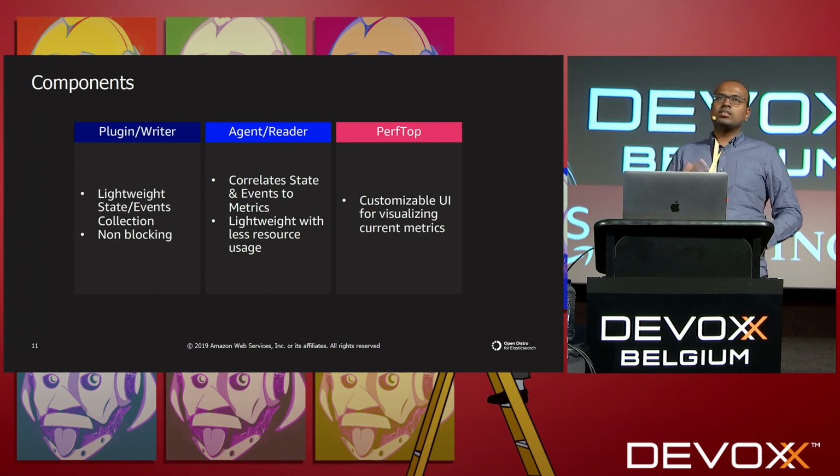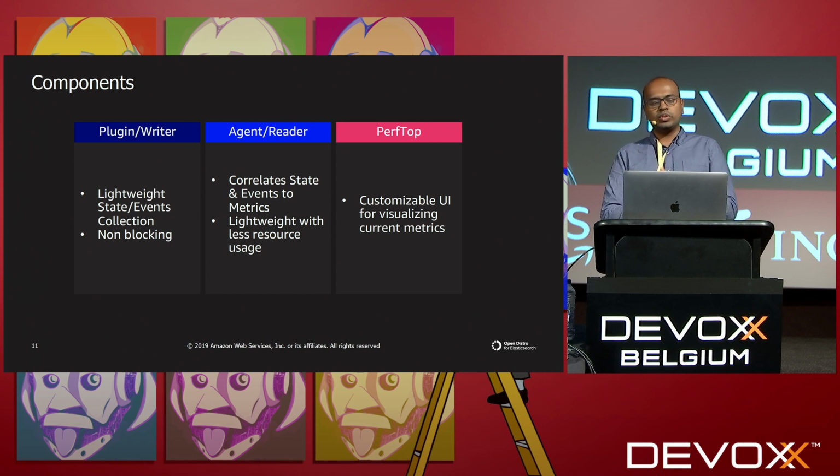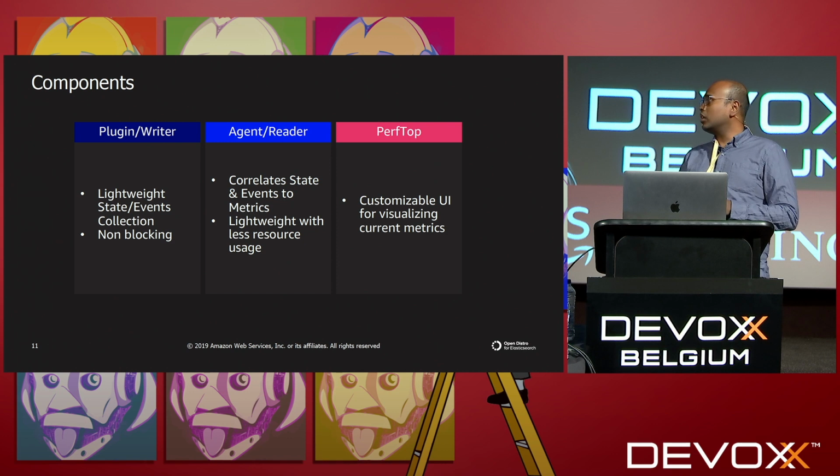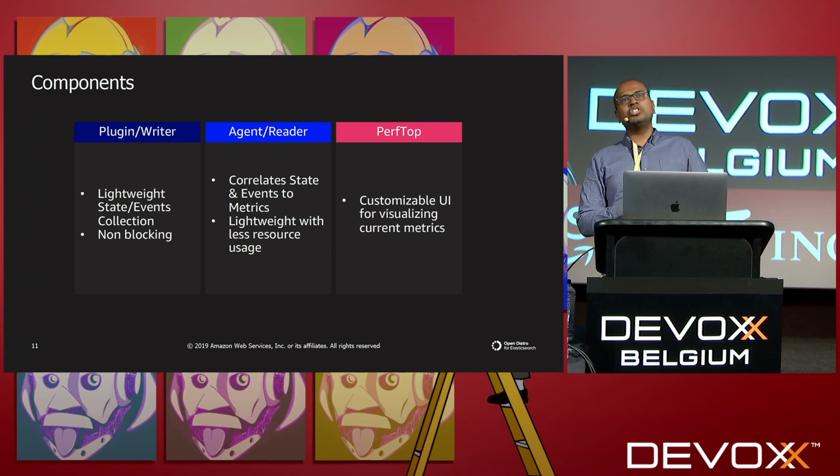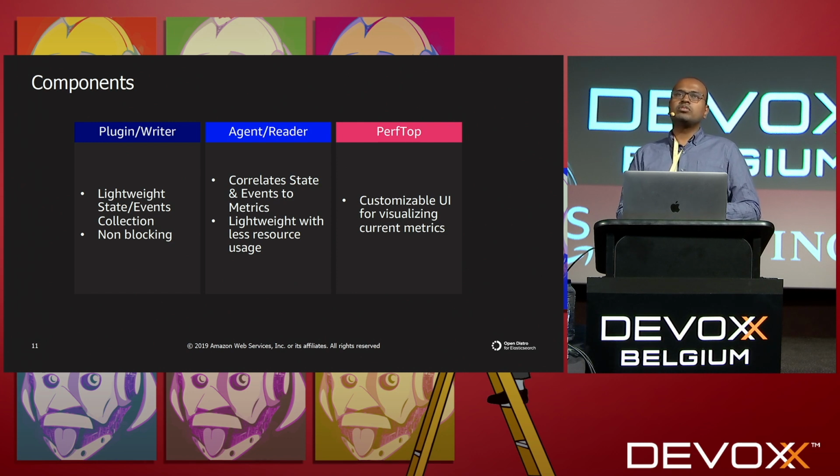Then we have another component, which is a separate process, the performance analyzer agent, or the reader, that you need to run in addition to Elasticsearch. This does most of the heavy lifting. The plugin only writes metrics to shared memory, and this particular process will read metrics from shared memory. It will create metrics for you, and you can pull them out.